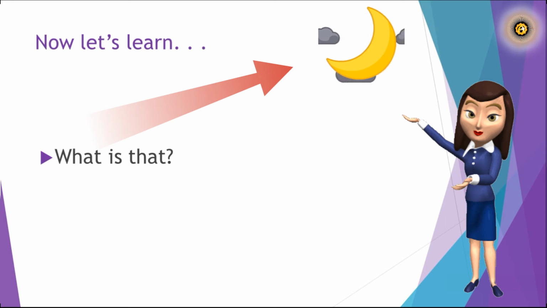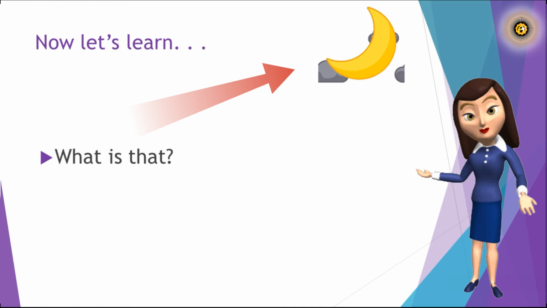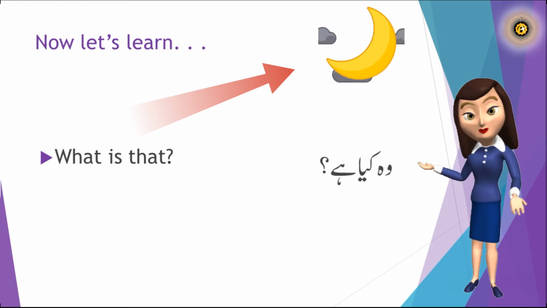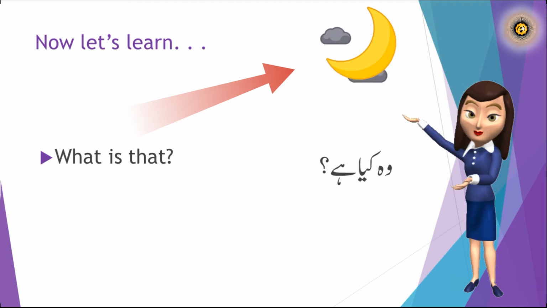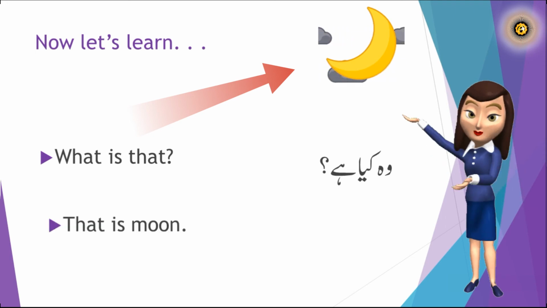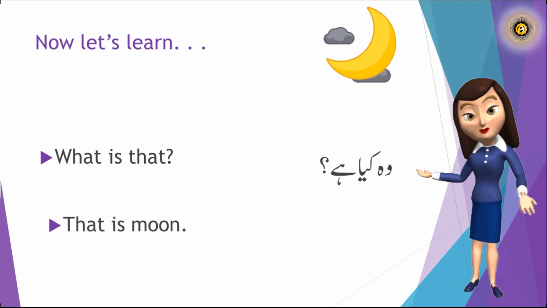And in Urdu, if we are asking, we are going to say, वो क्या है? Then in reply to this question, we are going to say, that is moon. Why? Because it's far away, so we are saying that.